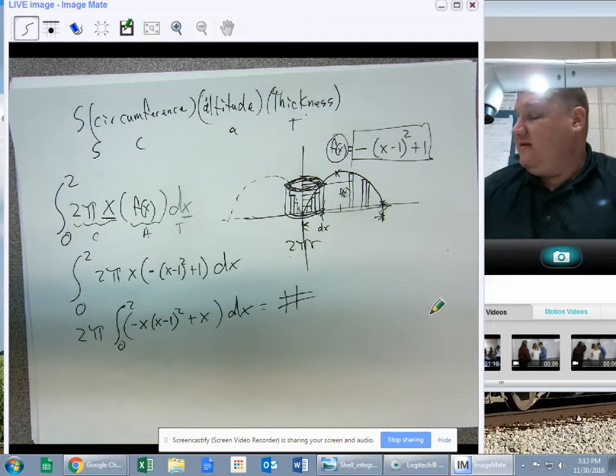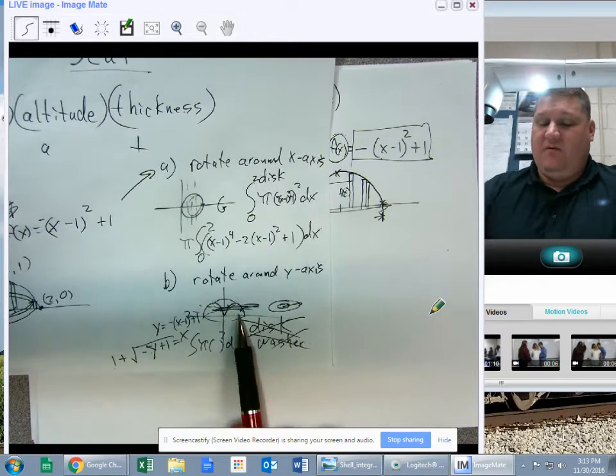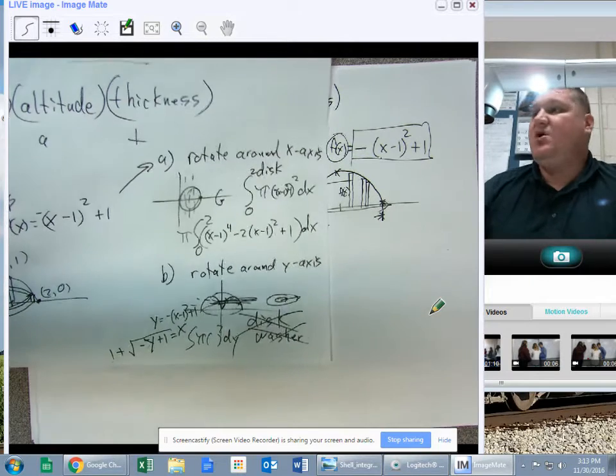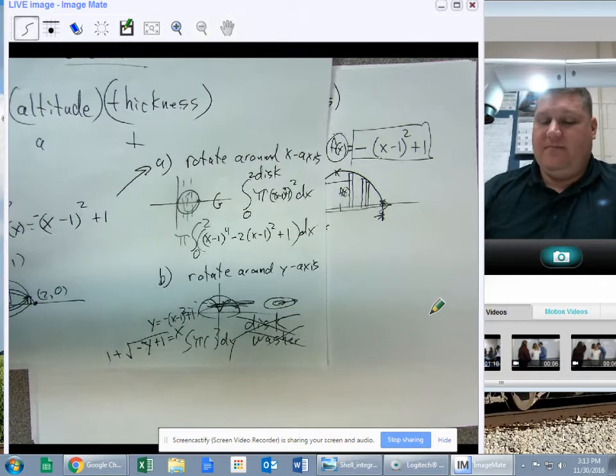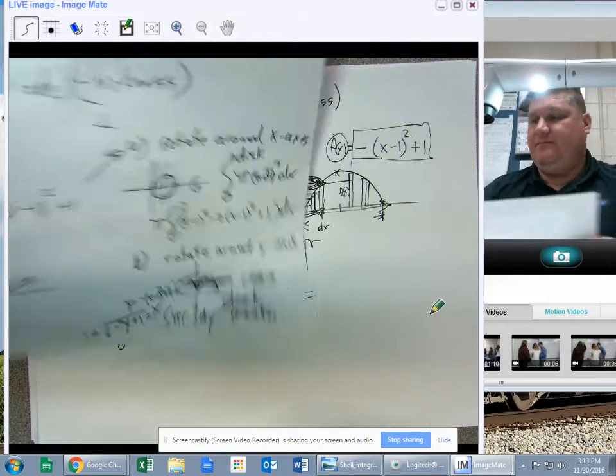And the thing about it is, we can now find that volume, whereas here, using discs and washers, because we had the two pieces, we couldn't do anything at all. All right, so that becomes the problem here.